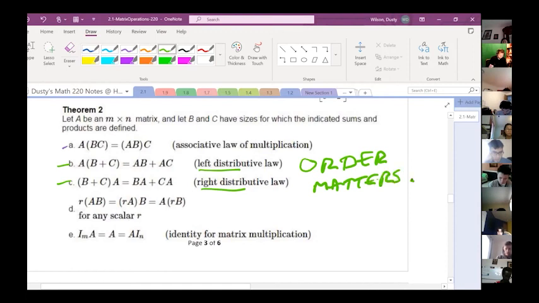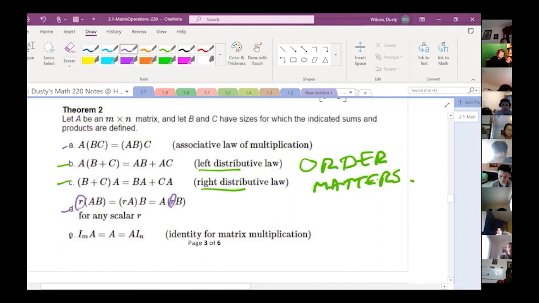For scalar multiplication, it works just the way you would like it to work: you can put the R in the front, in the middle, or in the back. That's all fine and dandy.